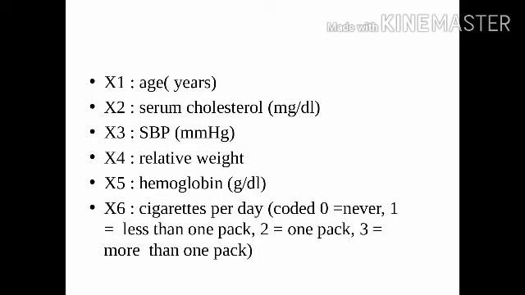So x6 is considered a categorical variable divided into 4 categories. That is, the category is coded as 0 representing never use of cigarettes, 1 representing less than 1 pack, 2 representing 1 pack per day, and 3 representing more than 1 pack of cigarettes per day.